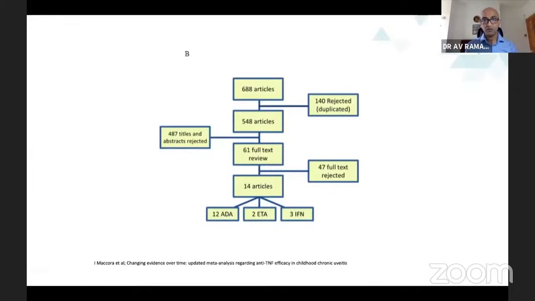We rejected 140 because they were duplicated, considered a primary 548 articles, went through those which fulfilled the criteria for doing a systematic analysis. And of those, we identified 14 articles which met all criteria. 12 were in adalimumab. So that's where the greatest amount of evidence base is. Only 3 met the criteria for shortlisting for infliximab, and 2 were in etanercept.